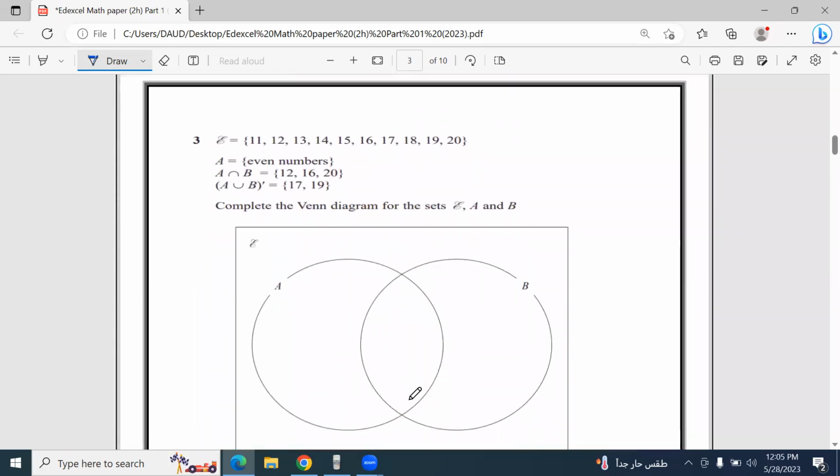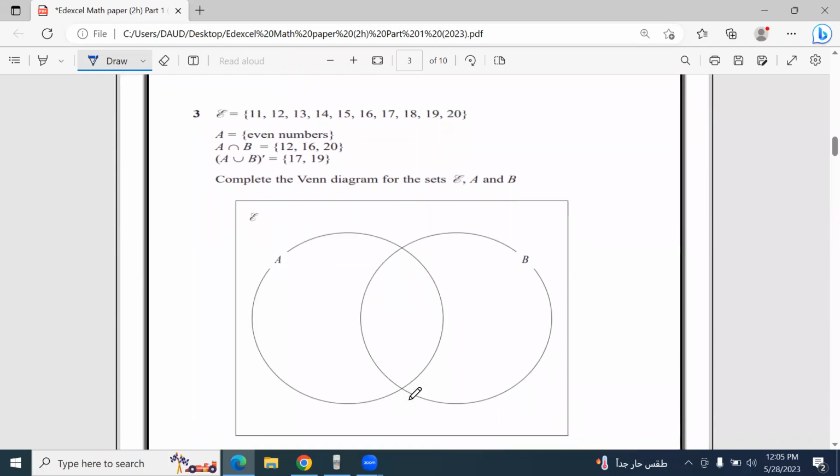This is related to Venn diagram, and we have given universal set, which is our ground set, you can say that. The elements of that set is 11, 12, 13, 14 up to 20, and A is even number, and remember that even numbers are divisible by 2.